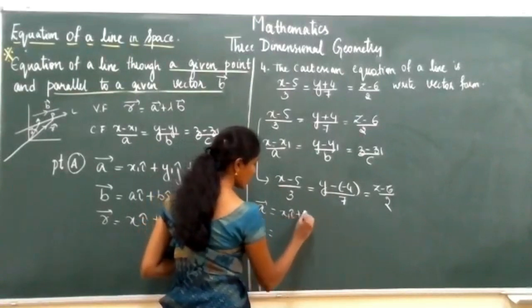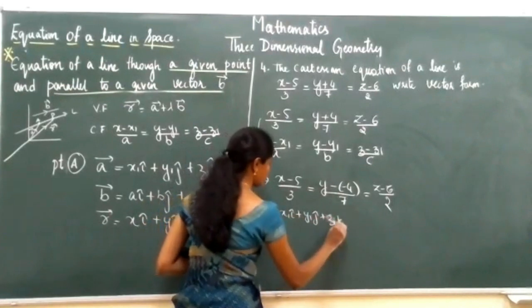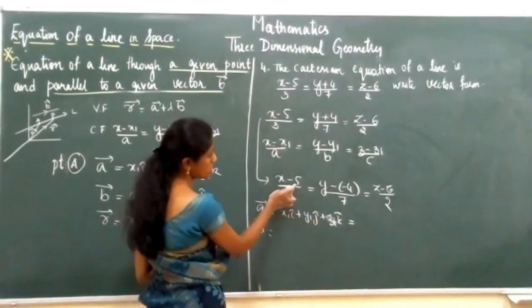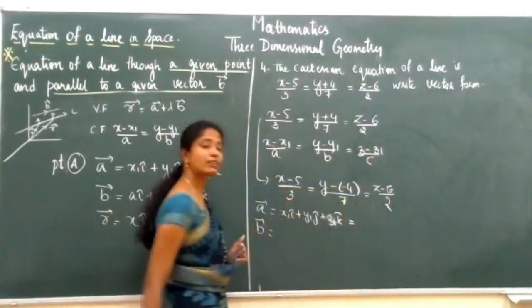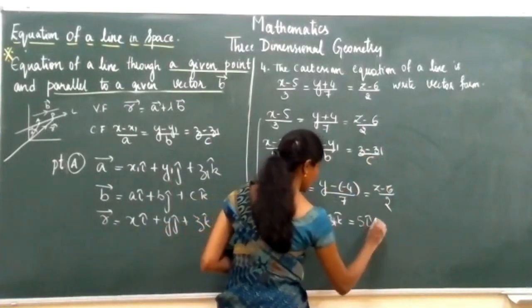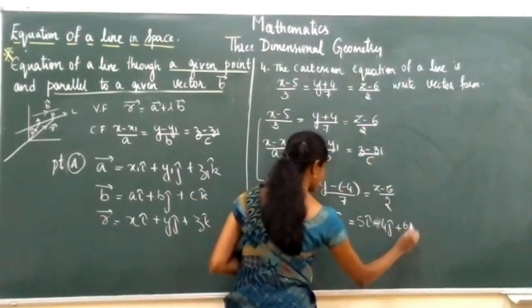It is x1 i cap plus y1 j cap plus z1 k cap. So now this will be given, right? What is your x1 here? Compare. x1 is given by 5, y1 is given by minus 4, z1 is given by 6. Therefore, this can be written as 5i cap minus 4j cap plus 6k cap.